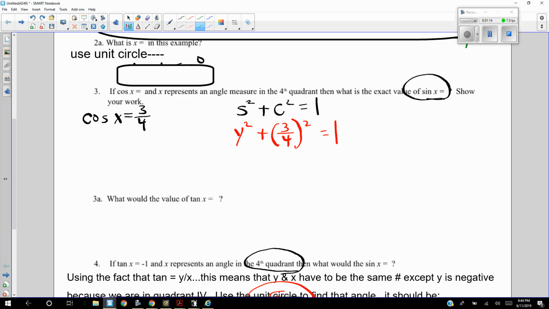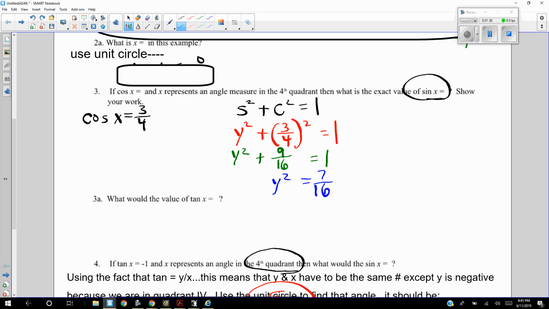And then it's just a matter of solving this equation. Square 3/4. Subtract 9/16 from both sides, and you get 7/16. Now, our last step is we are going to square root both sides.